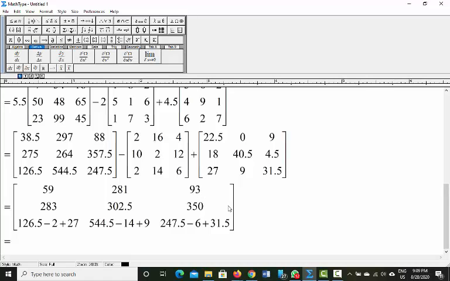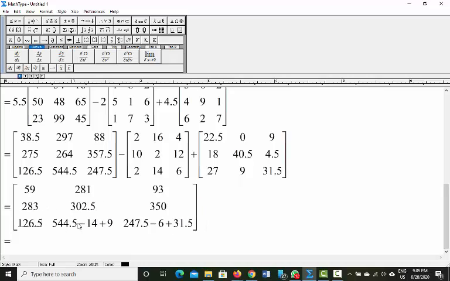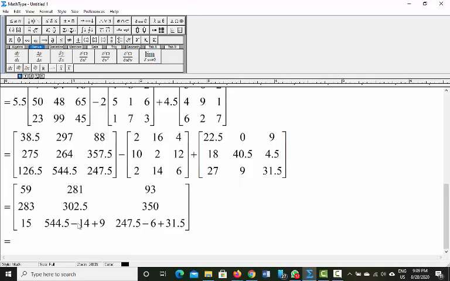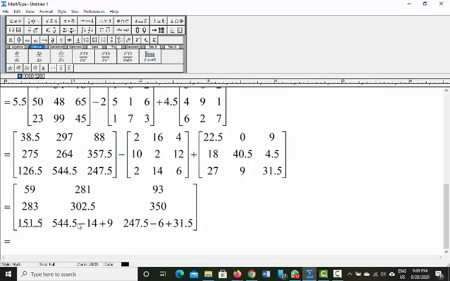We need to revise again, we need to check if we have done any mistake or not, right? So here what we will get, 27 minus 2, that is 25. So 151.5.